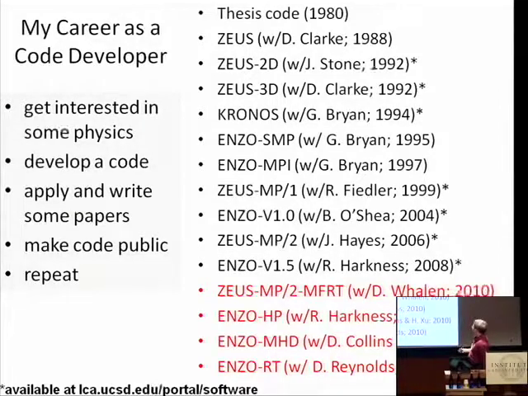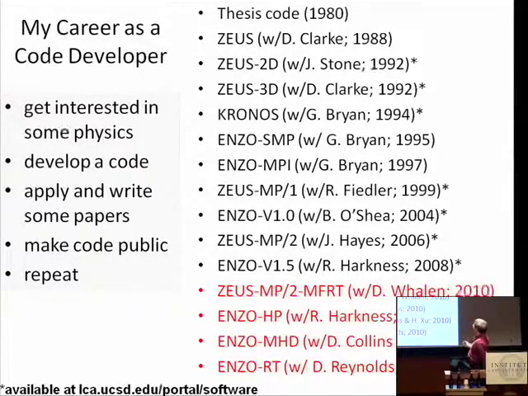This version, ZEUS-MP 2, might be of interest to many of you because it's a 3D parallel radiation magnetohydrodynamics code with self-gravity that operates in Cartesian, cylindrical, and spherical coordinate geometries. So it's quite a useful tool, but I don't know if many people know about it because of the ZEUS confusion that Jim talked about.